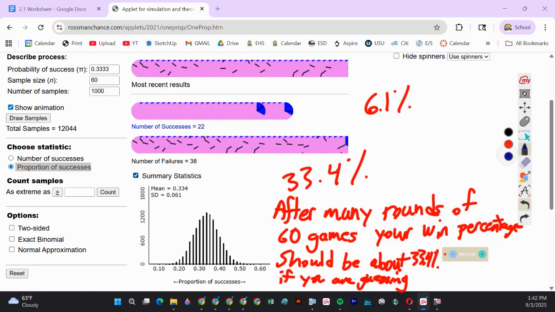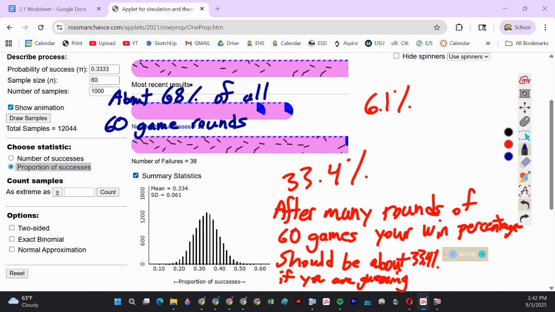So we could say this in several ways. About 68% of all 60 game rounds will be within plus or minus 1 standard deviation of the average. Right, and we're actually going to use the numbers because we have them. So we want to be very, very specific in stats.